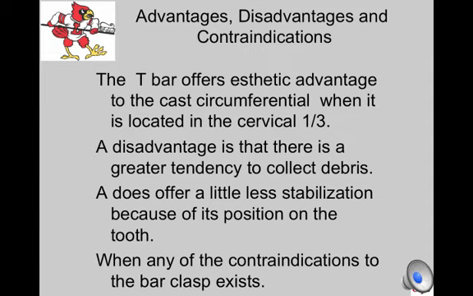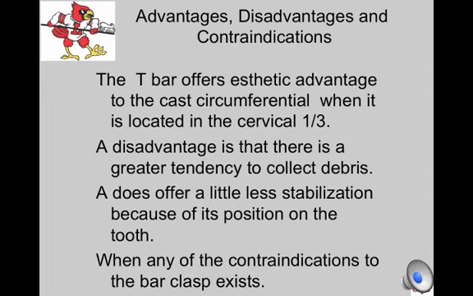The T-bar offers aesthetic advantages to the cast circumferential when it's located in the cervical third. There's no shoulder present, as with the circumferential clasp arm. This is also an advantage because of possible occlusal interferences with the shoulder area of the cast circumferential clasp.